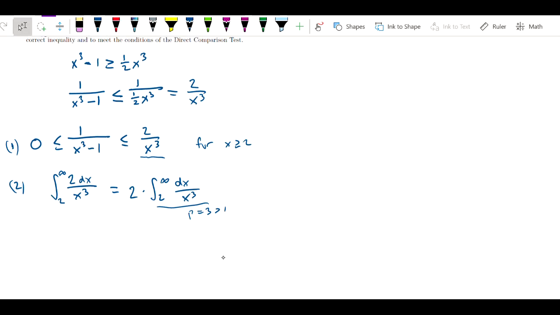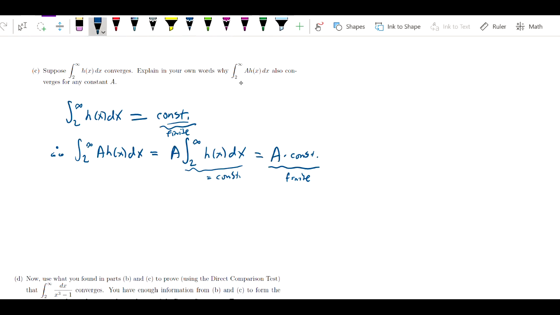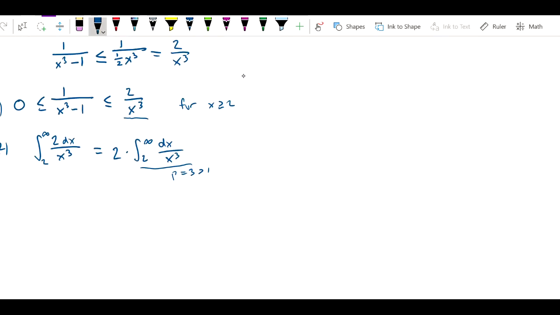So, in other words, this is just 2 times a convergent integral, which converges. How do we know that 2 times a convergent integral converges? That was the whole point of part C: if we multiply a convergent integral by some arbitrary constant a, it doesn't change whether it converges or diverges.